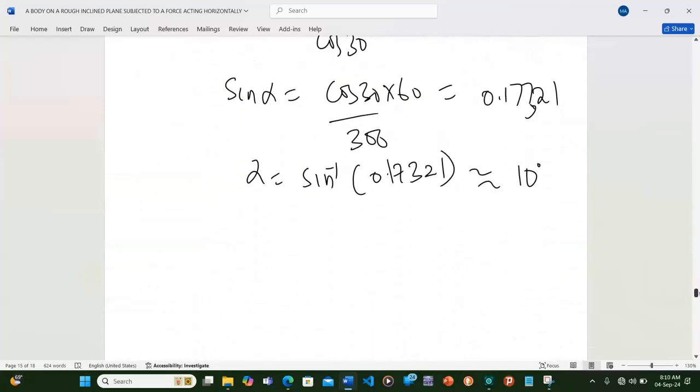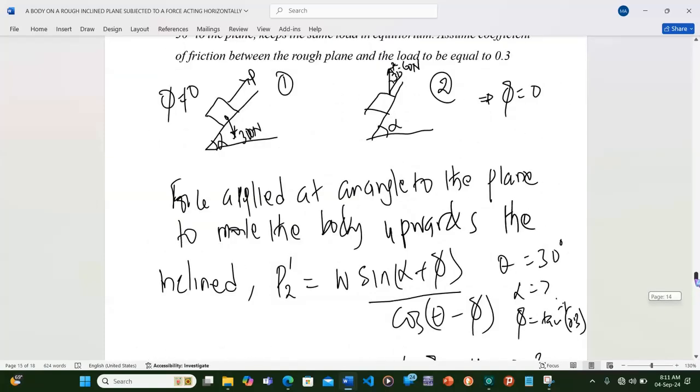Now from case 1, friction is not equal to 0. And the force that is required to move this body just at the point of sliding upwards, we know that friction would be moving downwards.